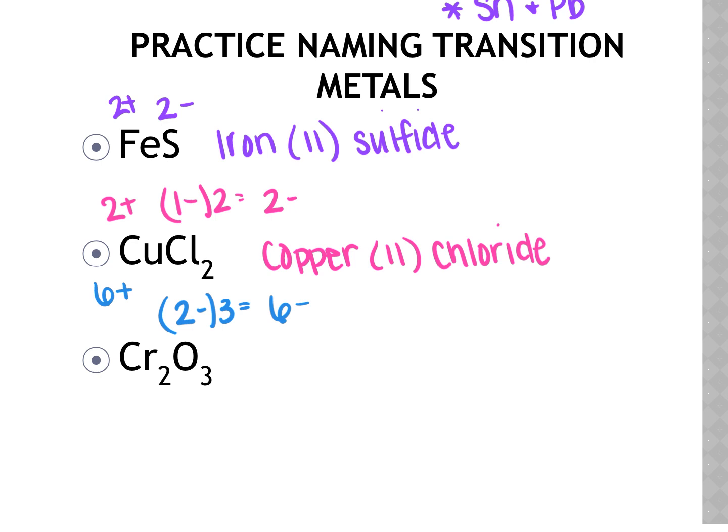So what's the charge of an individual chromium? +3. Okay, so +3, I'm going to divide it by 2. This 2 is coming from the subscript. So that positive charge gets shared evenly amongst the chromiums. Okay. So that makes this chromium 3 oxide.